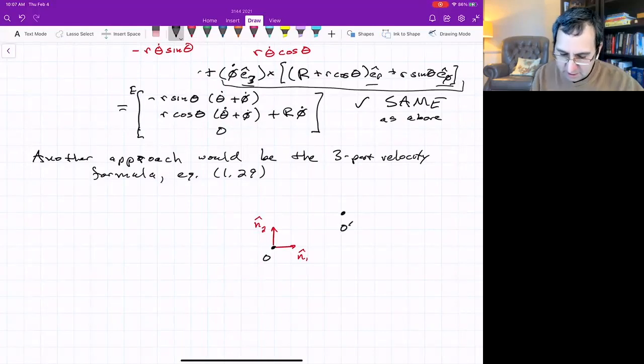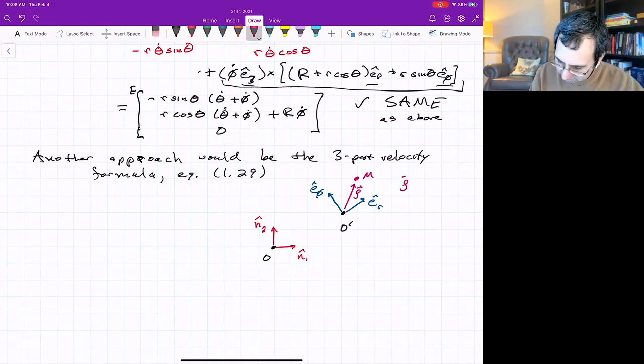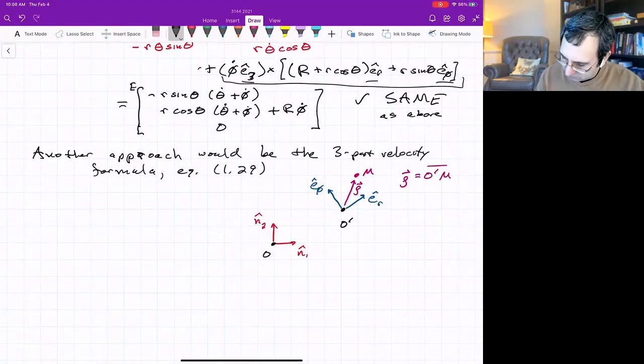The book talked about another frame, which it called B, but here it's the E frame. And here's the moon. It called that vector rho. So in this case, rho is from O prime to M.